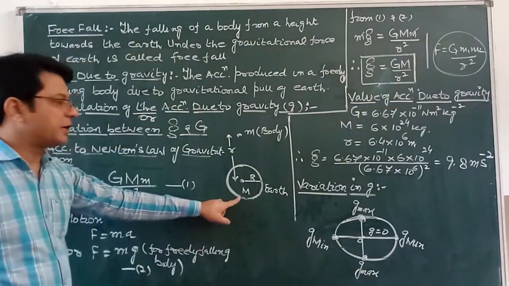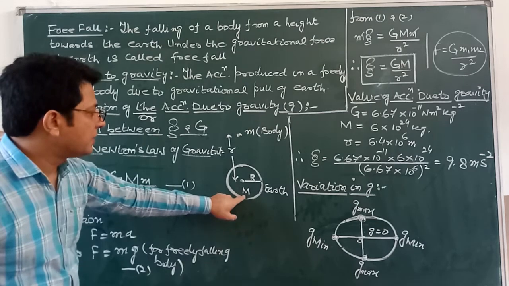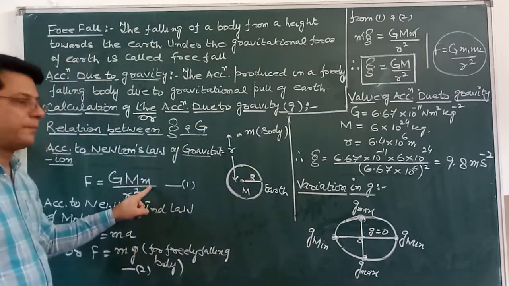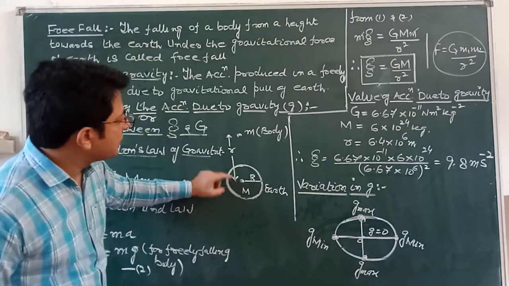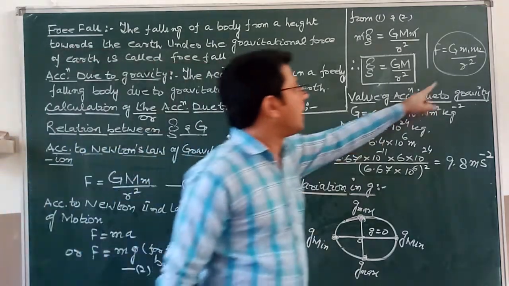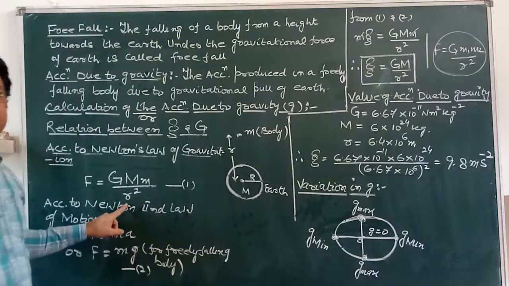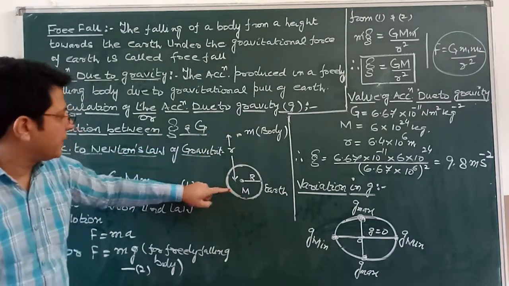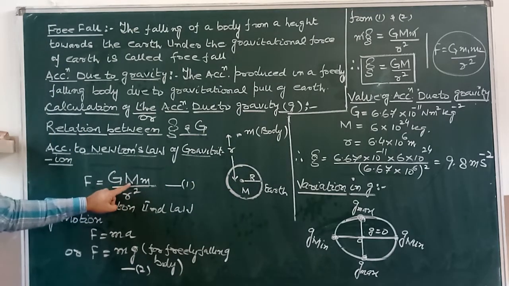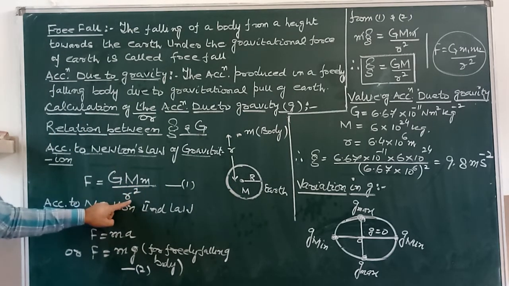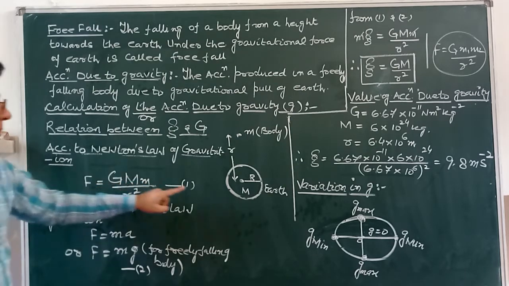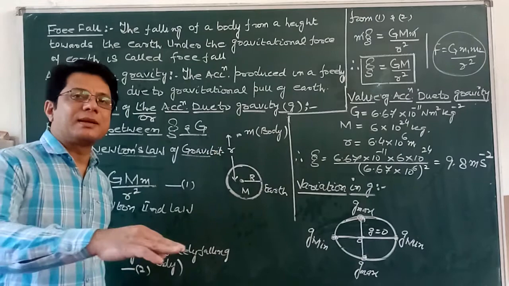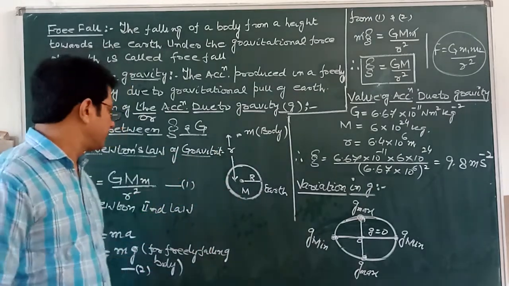The first body is the earth, with mass M, and the mass of the second body is small m, and the distance between them is r. So the force of attraction between this body and this body is G M1 M2 upon r square, where M1 is the mass of the earth and M2 is the mass of this small body lying just above the surface of the earth.